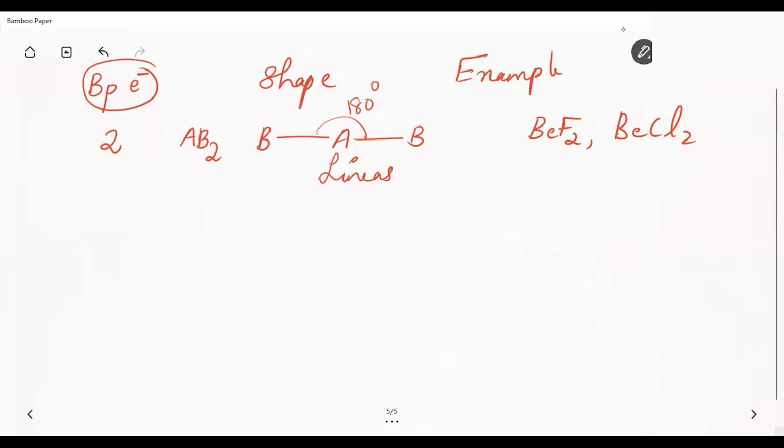Now moving to the next, 3 pairs. We have to go 2, 3, 4 like that. So 3 bond pairs means AB3. How will we arrange them? At maximum distance apart.